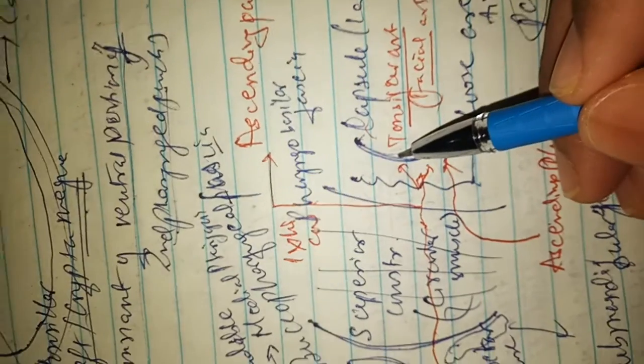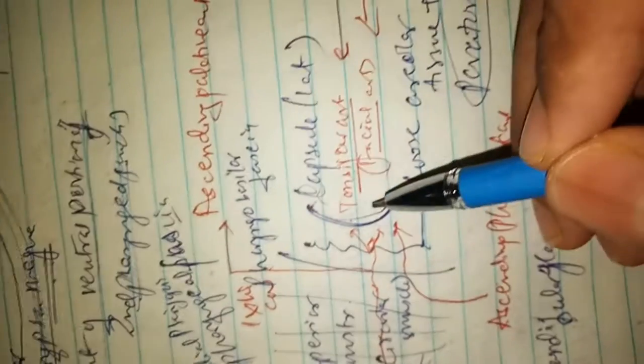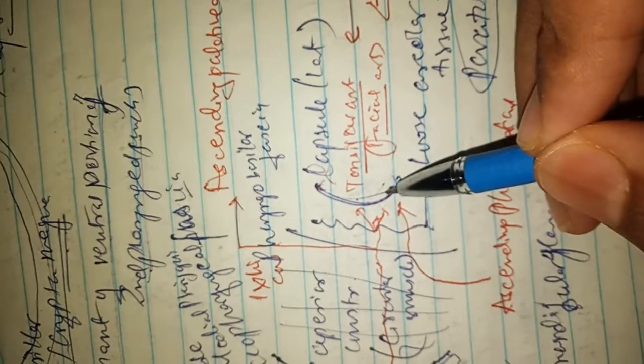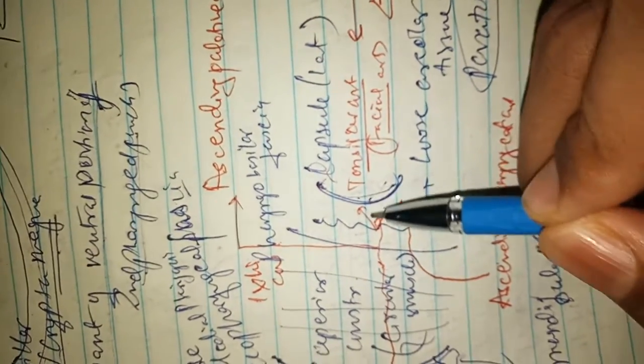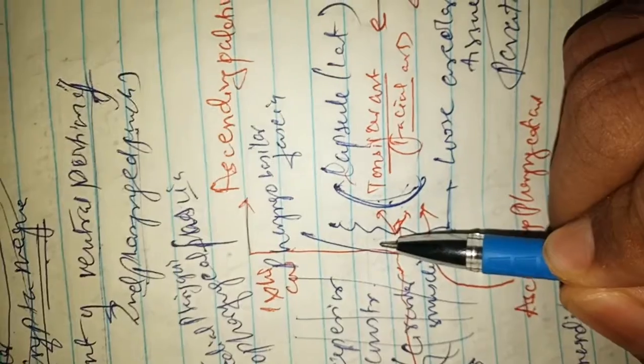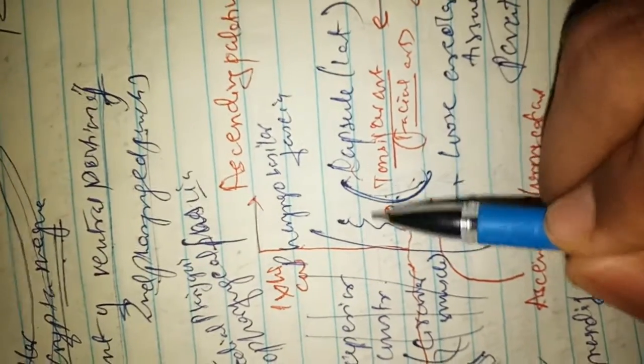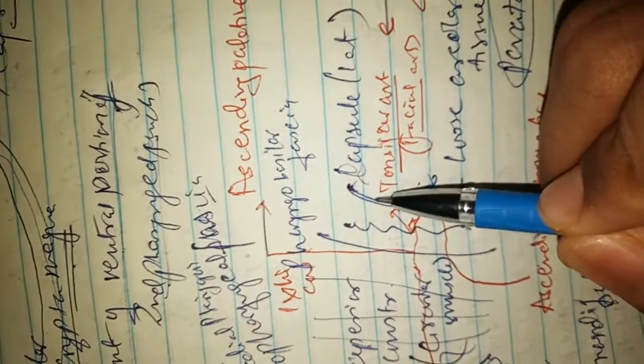Now coming to the tonsillar bed. As we move laterally, there is the capsule. Then there is the pharyngobasilar fascia, which forms this capsule.